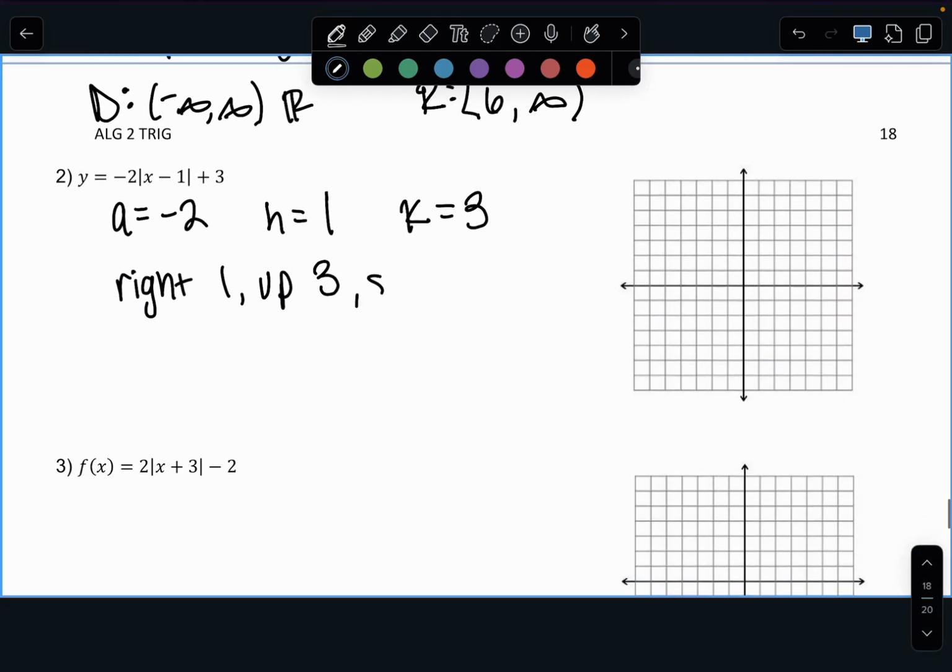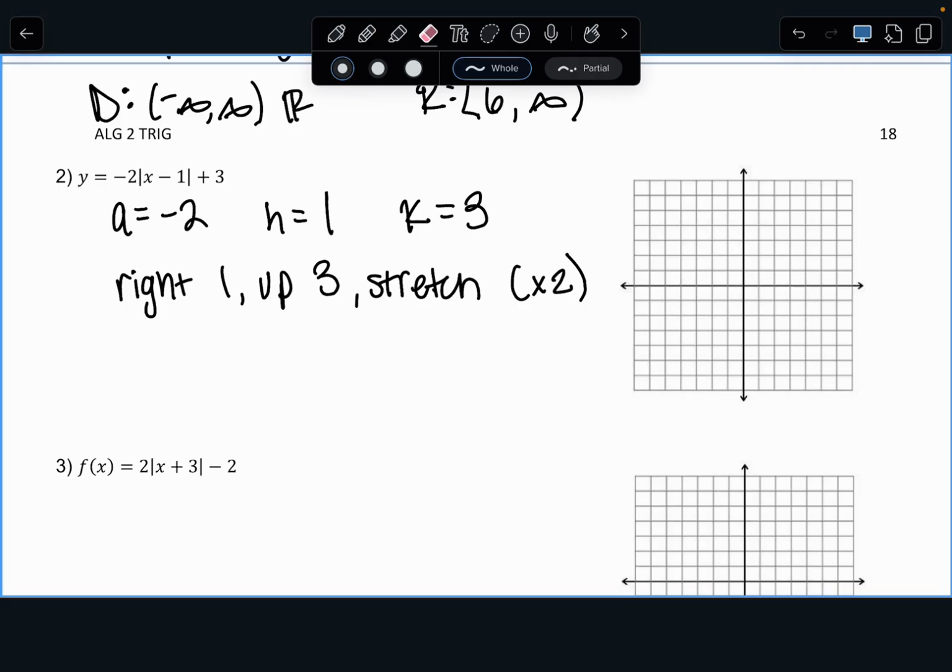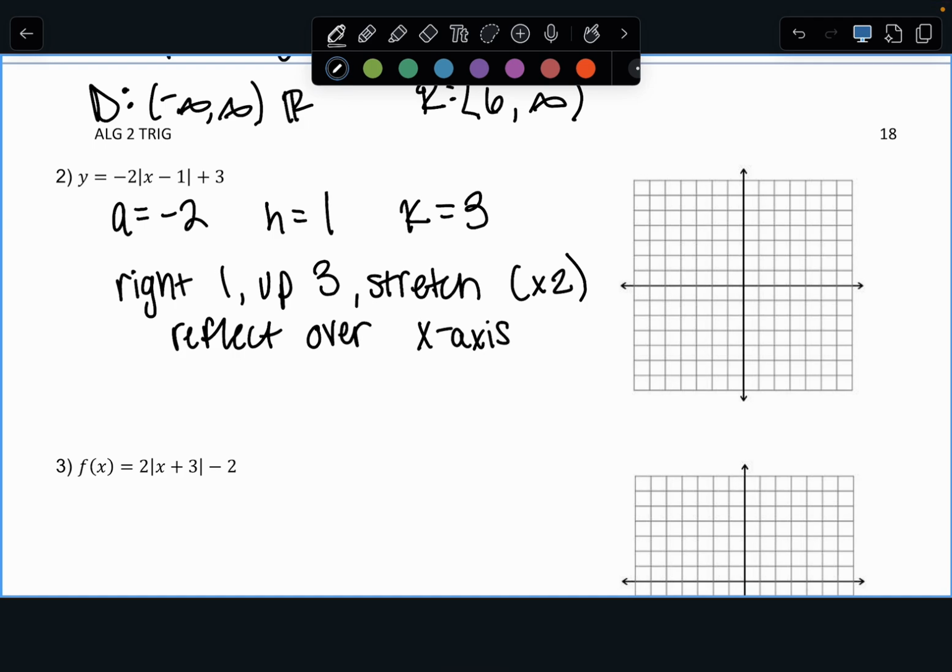So this is a stretch by a factor of 2. I'm going to say just times 2. Okay, fourth bullet point. Is this reflected at all? Yes, it is. We have that negative sign. So reflect over the x-axis. So we don't have to graph it. We can talk about the transformations first and then graph.